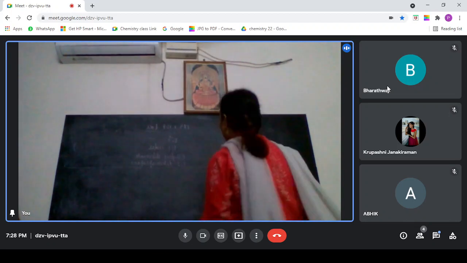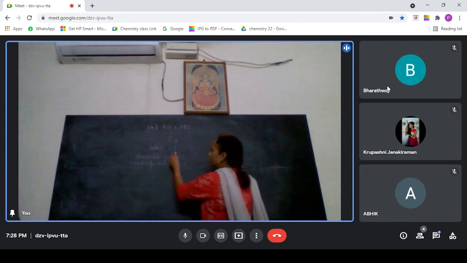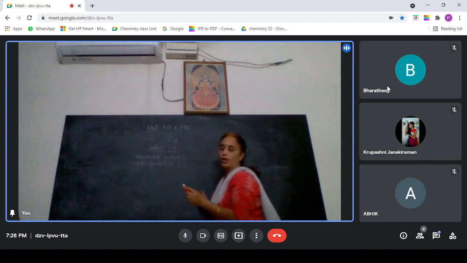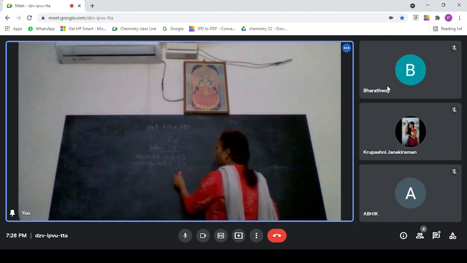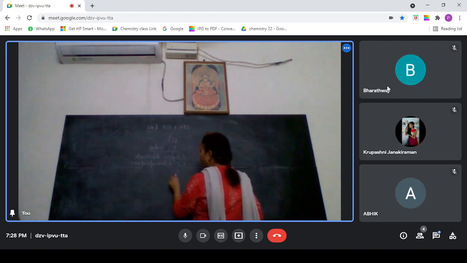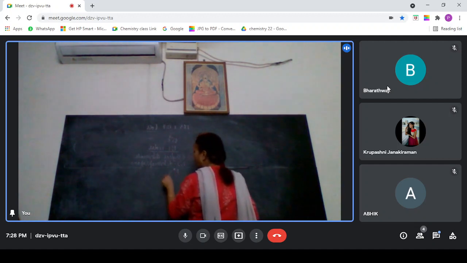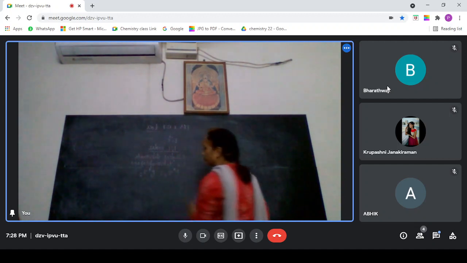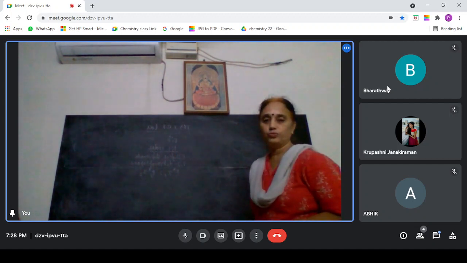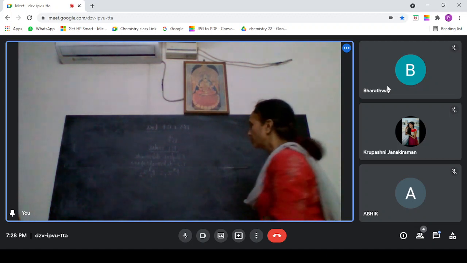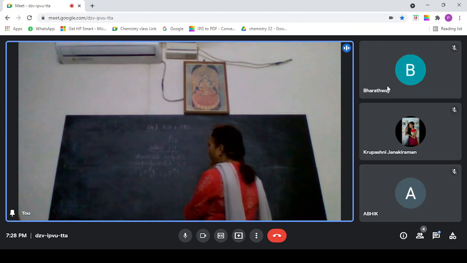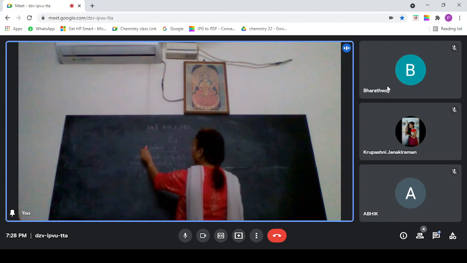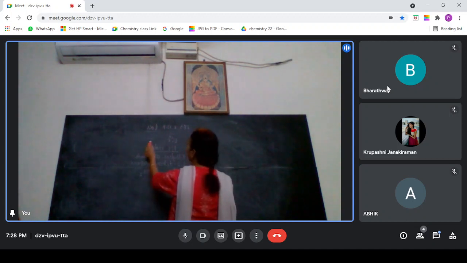See, what I mean here is, when I say 1:1 molar mixture, P1 naught X1 will be equal to P2 naught X2. Now, how will I have to find out the mole fraction?